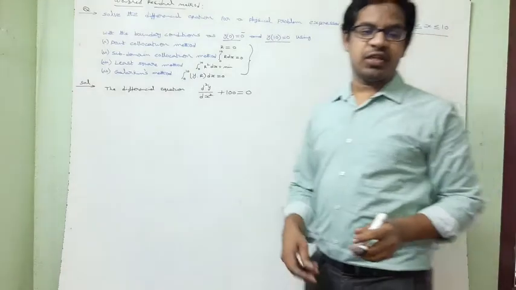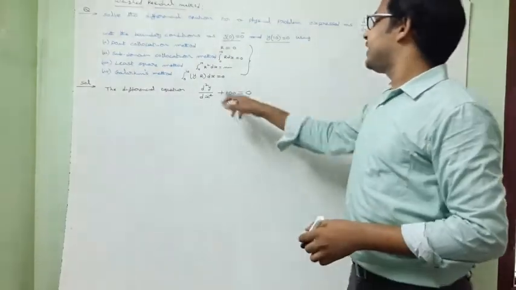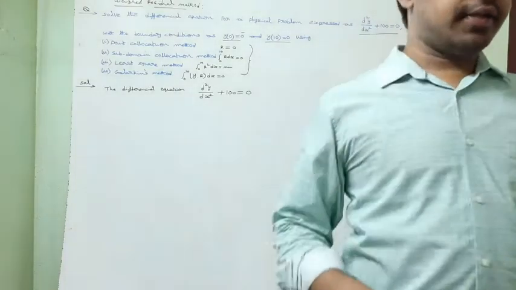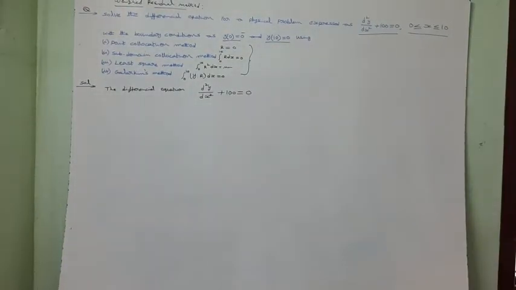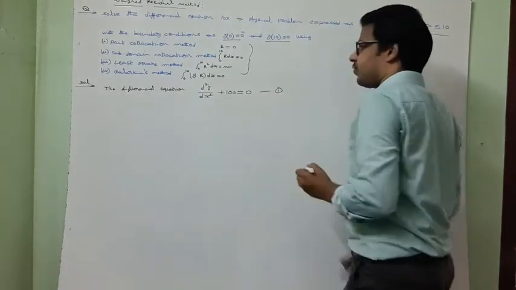So the differential equation is d square y by dx square plus 100 is equal to 0. This is the first equation.